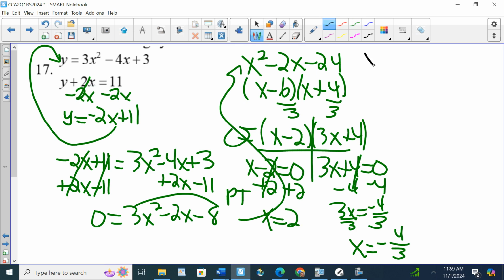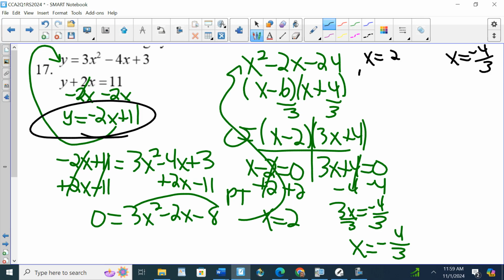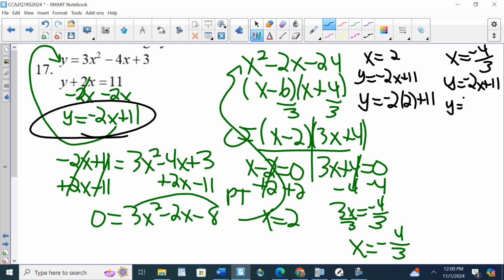Now that I have my x values, I need my y values. So I'm going to substitute each of them into one of the originals, whichever one's easier. So I got y equals negative 2x plus 11. Y equals negative 2 times 2 plus 11. Y equals negative 2 times 4 thirds plus 11.